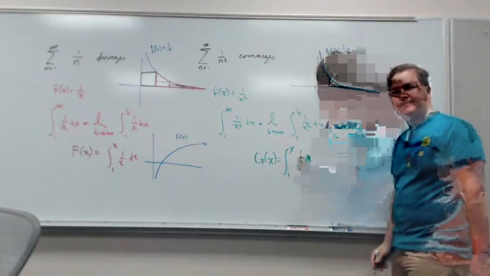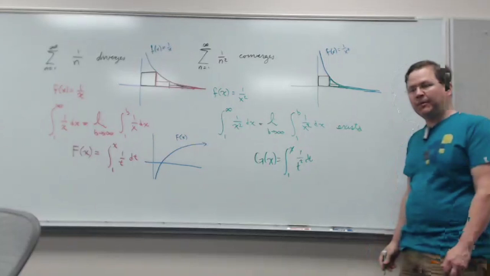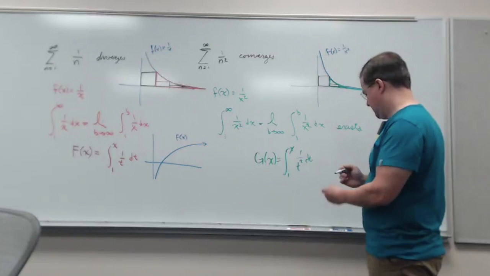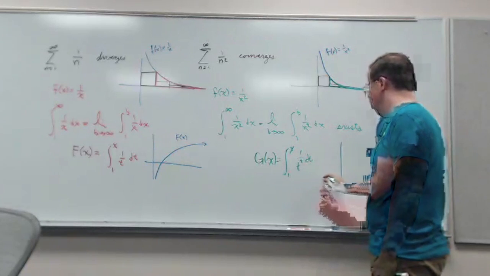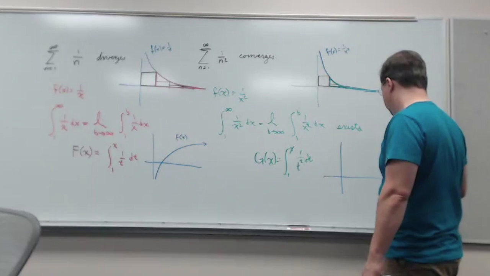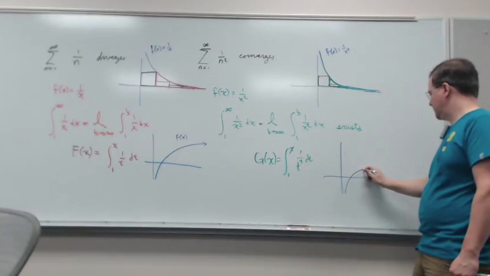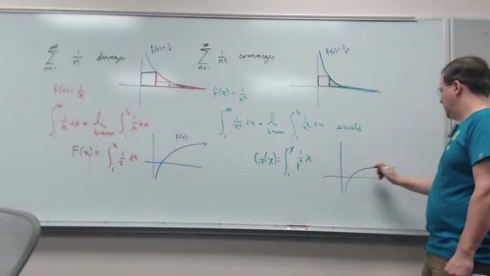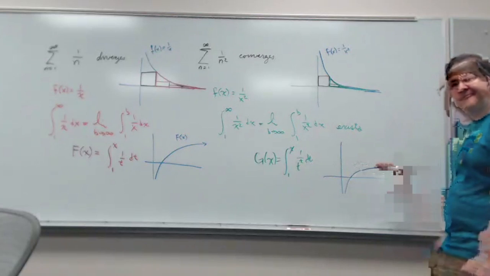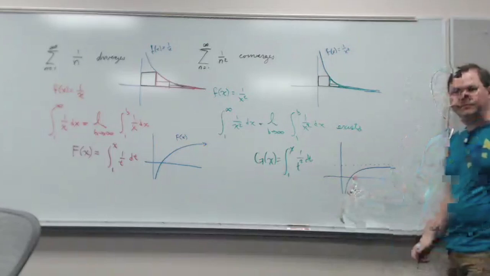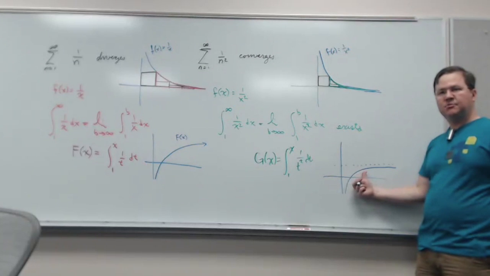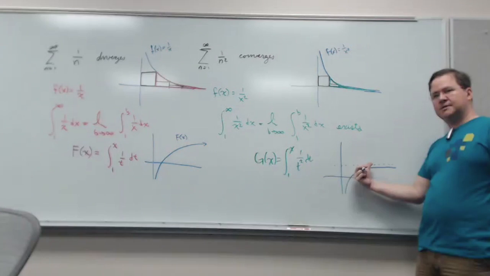And I believe if you graph this, it's going to look something like this, but it's going to have a horizontal asymptote right here. Just like that graph, it's increasing pretty rapidly at first, but because the additional terms are getting smaller, the rate at which it increases is decreasing.